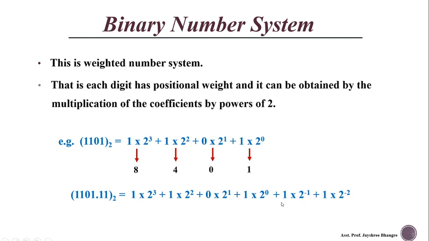For the integer part, we write positive powers of 2, and they increase from right to left, and for the fractional part the negative powers increase from left to right. So for the integer part we get the positional weights for particular digits as given, and for the fractional part we get the positional weight for each particular bit.